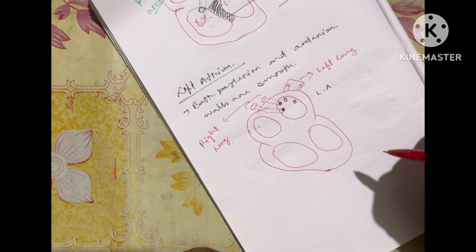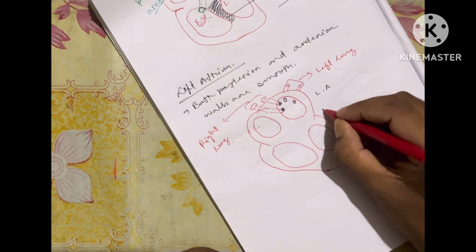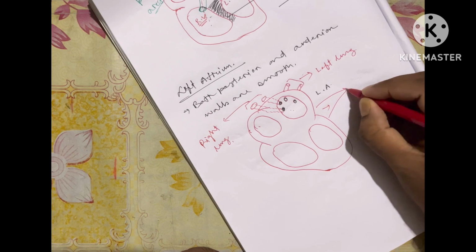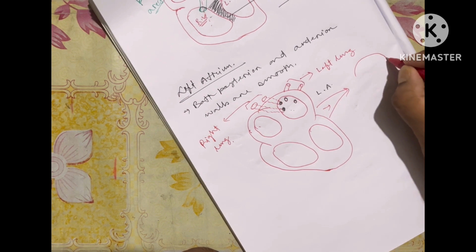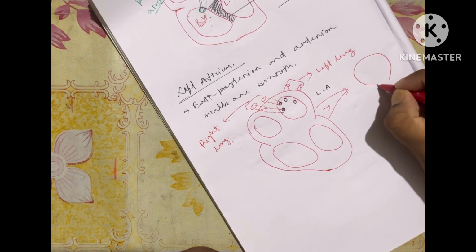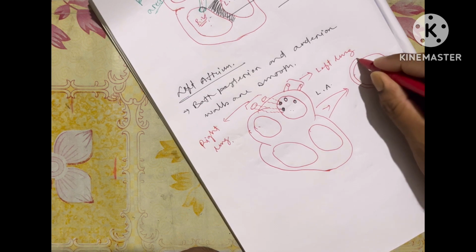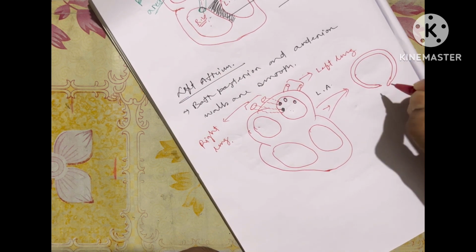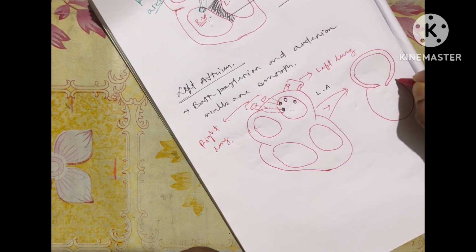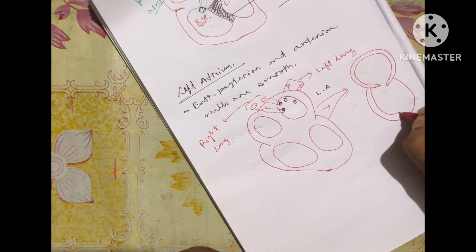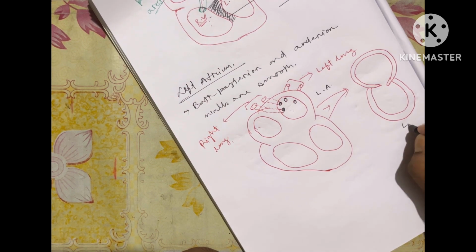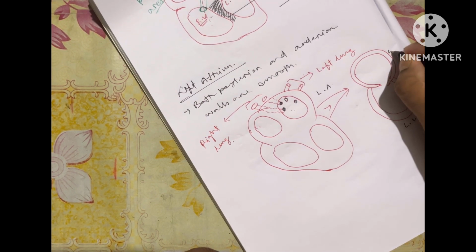We also have an atrioventricular valve. Let's draw the diagram here. This is the left atrium and this is the left ventricle.